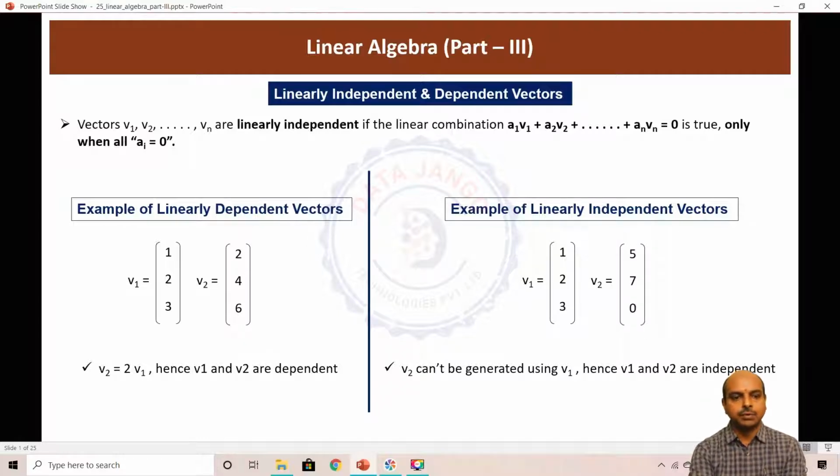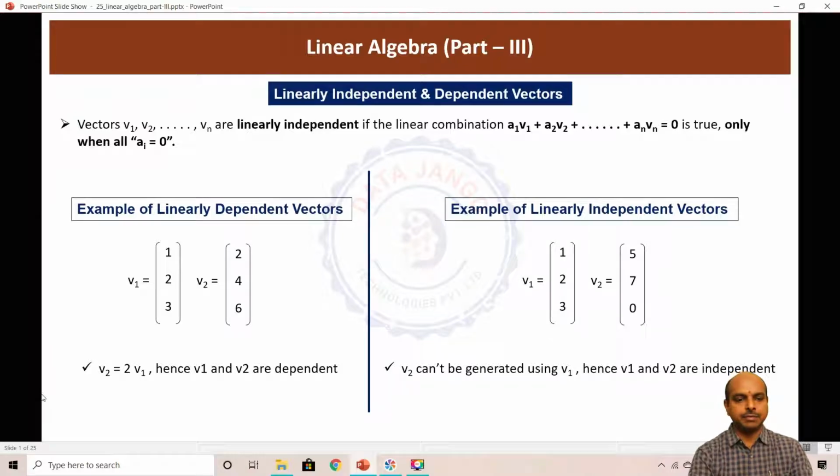If you say v2 plus minus 2 into v1 is equal to 0, v2's coefficient is 1, v1's coefficient is minus 2. A linear combination where coefficients are non-zero and we are able to generate a linear combination of these two vectors as 0, so the vectors are dependent.